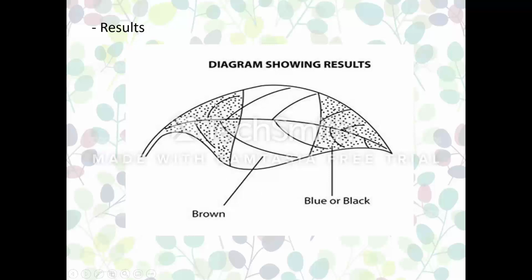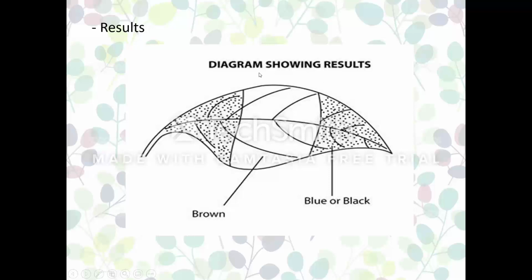So wherever light wasn't able to penetrate the leaf, there should be no starch. But in this area with the dots here and this area with the dots here, those were exposed to sunlight again. And when they were exposed to sunlight again, that part of the leaf should have photosynthesized.